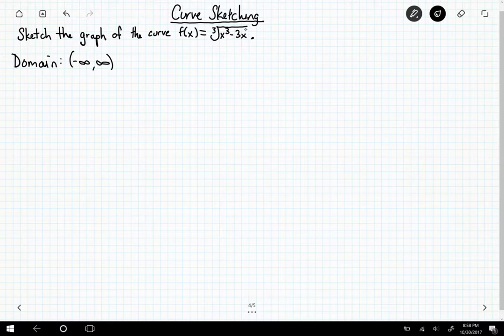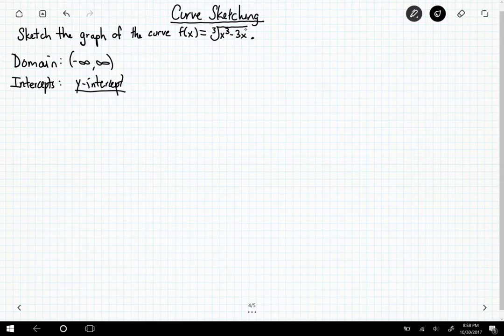Intercepts. There's another thing we can check. Okay, so when is this thing equal to 0? Well, first off, we'll start with the y-intercept. Remember, a y-intercept occurs when x equals 0.